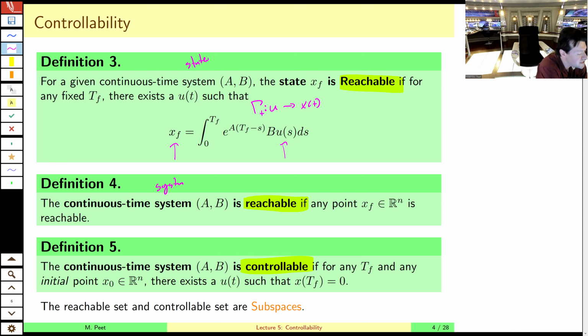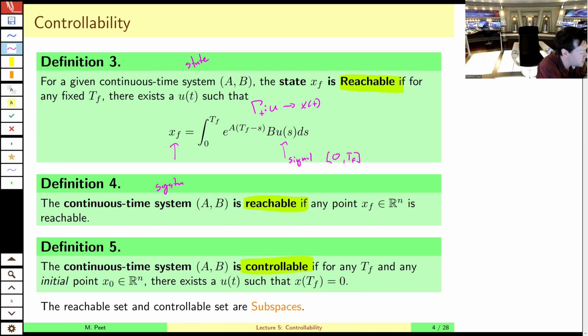All right, so we say a state is reachable if there exists an input signal, of course defined on a fixed time tf. Because what does it mean to be reachable if you never actually reach the state?